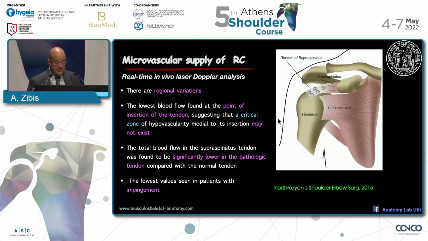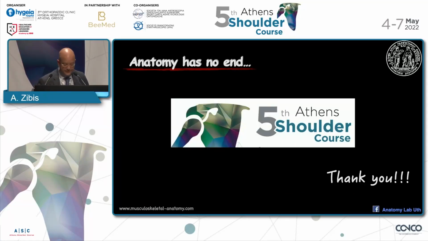That means that the critical hypovascular zone maybe does not exist. The total blood flow in the supraspinatus tendon was significantly lower if there is a pathology of the tendon. So the lower vascularity of the tendon may be a secondary issue according to pathology. So thank you very much for your attention.